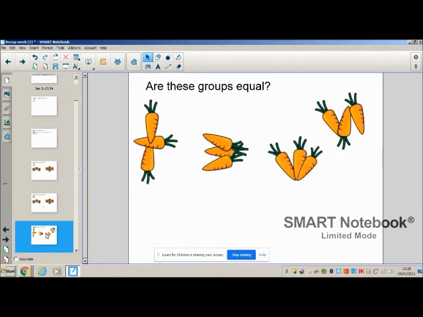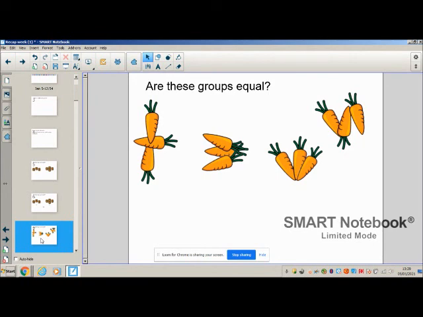Are these groups equal? We've got more groups this time. We've got 1, 2, 3, 4. Let's see how many carrots are in each group so we can check they are equal. 1, 2, 3. 1, 2, 3. 1, 2, 3. 1, 2, 3. Those groups are equal.